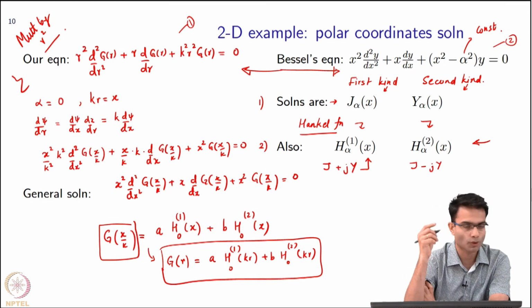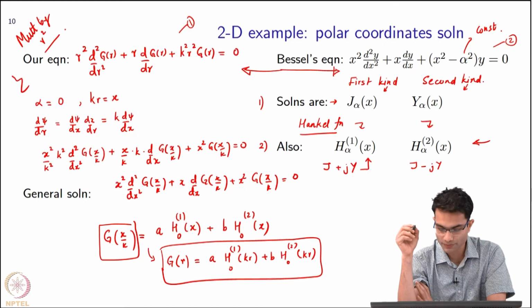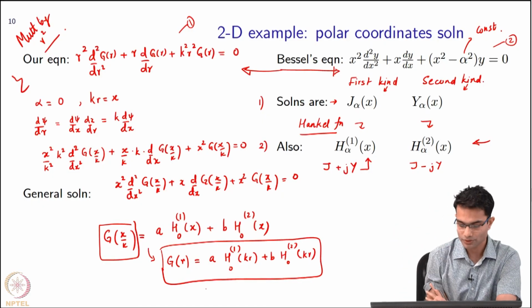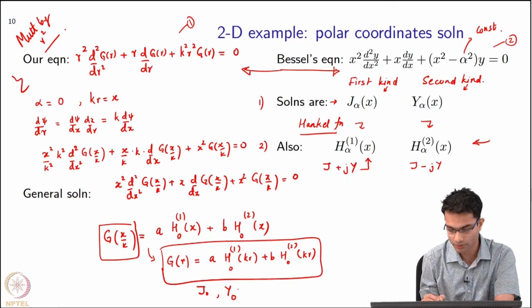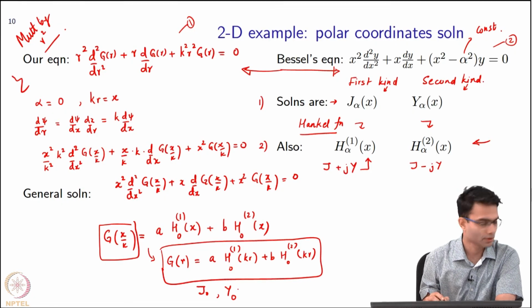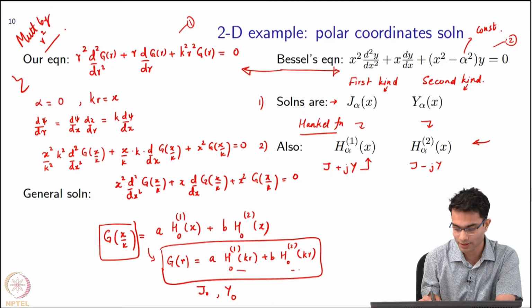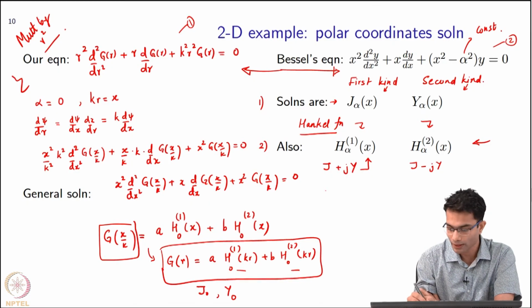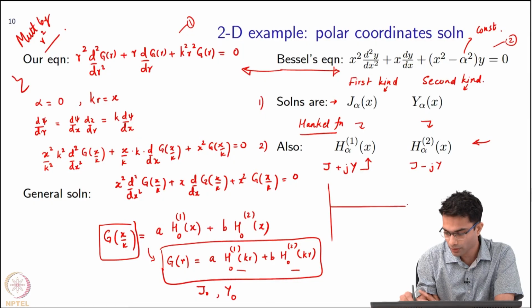Just one small piece of information: how do these functions J0 and Y0 look like? Okay, J0 of r and Y0 of r, because that's what H1 and H2 are made of. What do they look like? So, if I plot it over here, let's plot this as x.